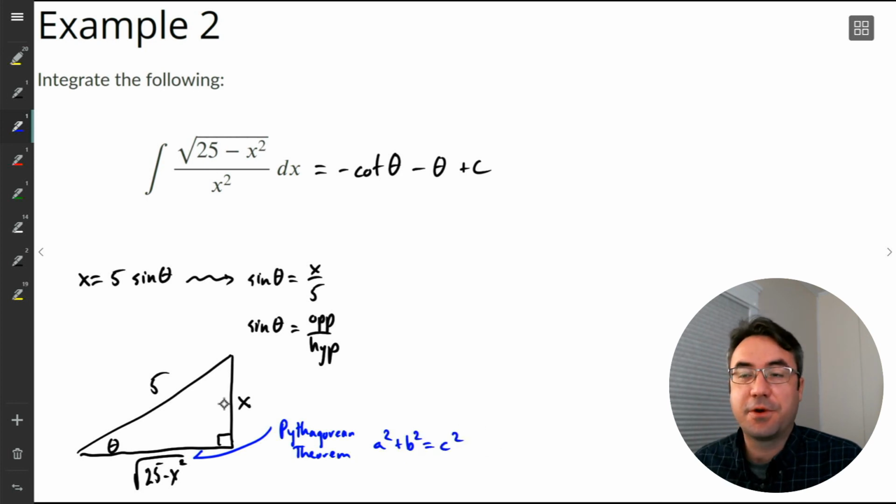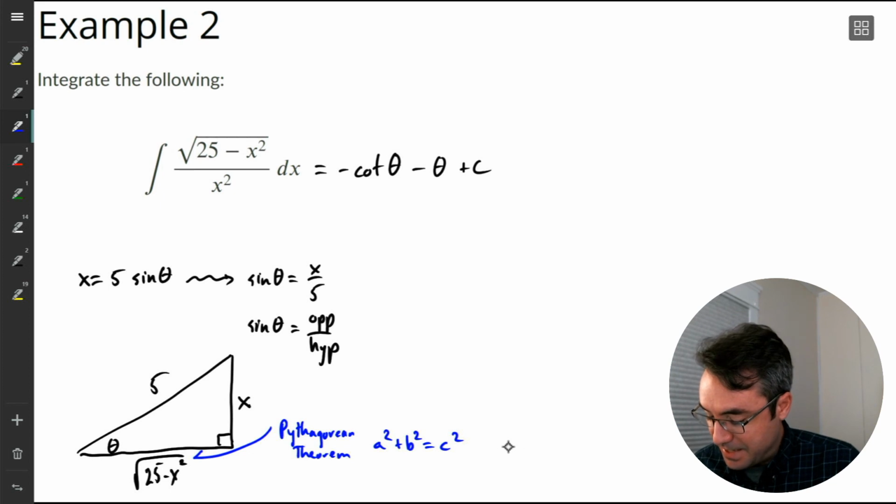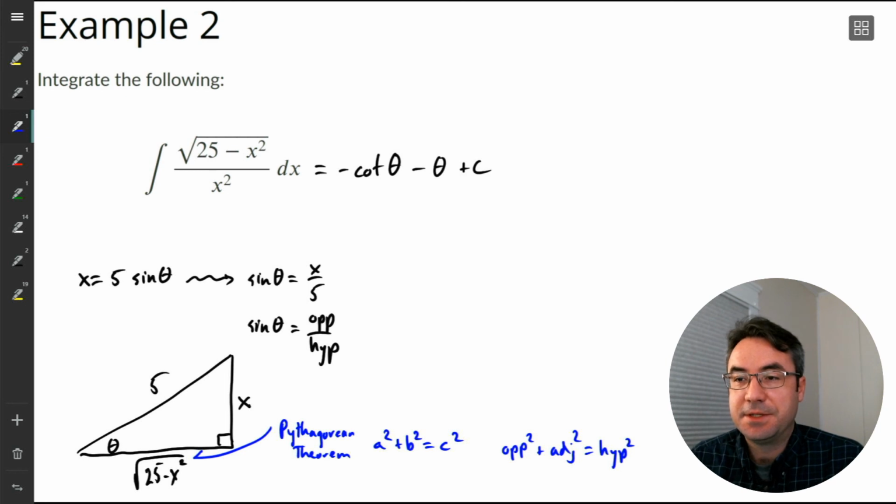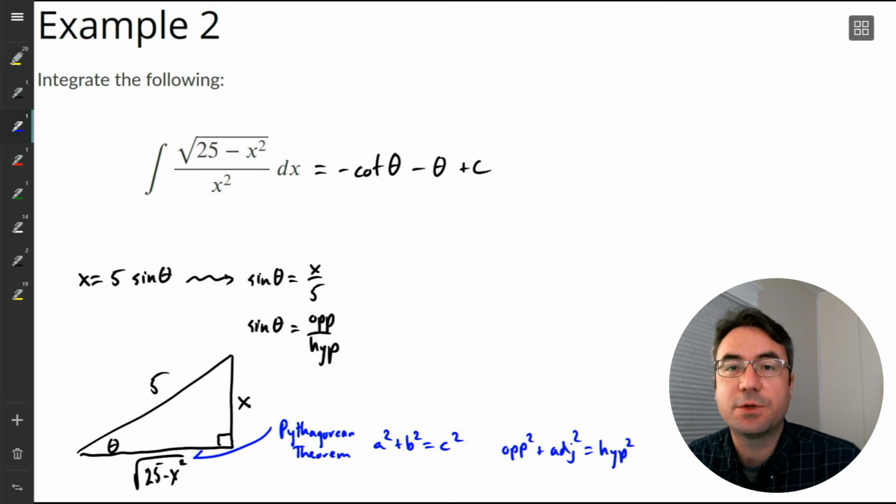Or if we write it out for our specific sides, it's the opposite side squared plus the adjacent side squared is equal to the hypotenuse squared. So you can do a little quick check to actually see that the missing side is just our original square root term. And that's going to be the case for all of these. So you use your original trig sub to figure out the simple sides, and then the missing one is just whatever square root term was originally there.